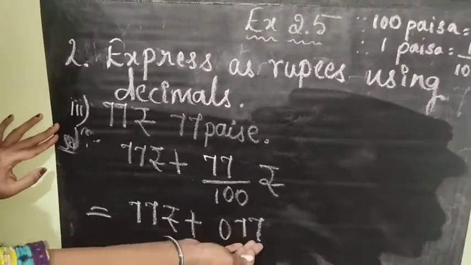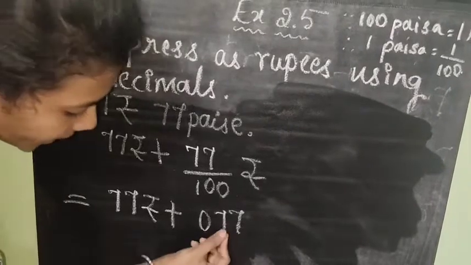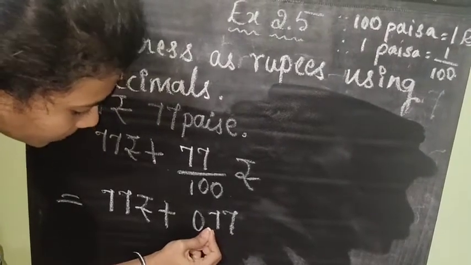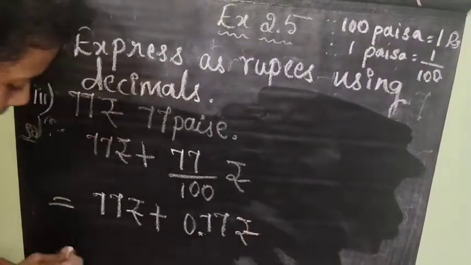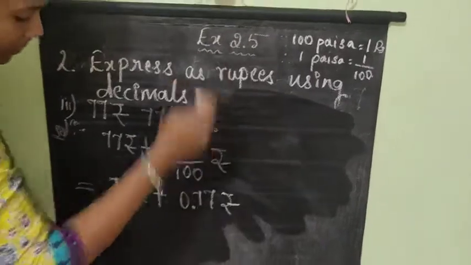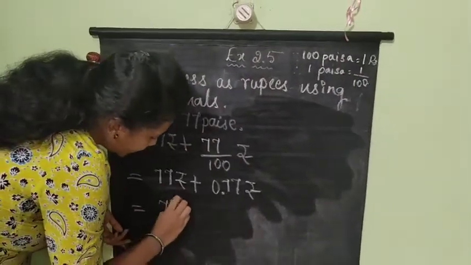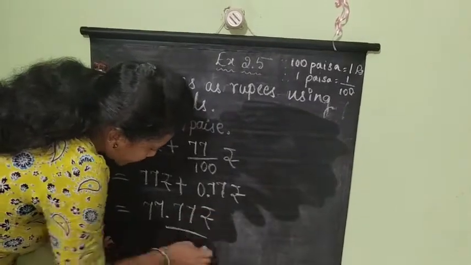So after 2 numbers, you have to put the point. Count 1 and 2, and after these 2 numbers, you put the point. That is 0.77 rupees. And now 77 rupees plus 0.77 rupees is 77.77 rupees. That is the answer.